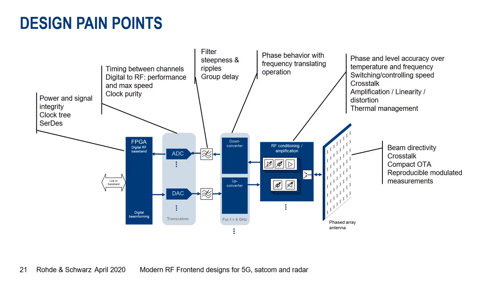Last but not least, the antenna. With beam directivity, how accurately can we steer the beam, how fast can we do it, what type of crosstalk do we have, and how can we make measurements efficiently on an over-the-air system when we have no access to the RF in a conducted way anymore?